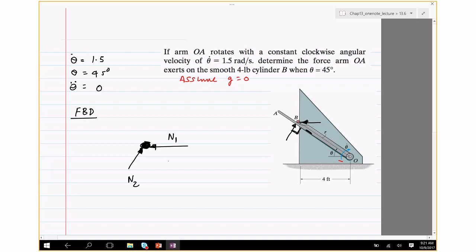So since R is this way, this vector is UR, and since it's turning clockwise, I'm going to assume that this is U theta. So in order to apply equations of motion in this particular coordinate frame, I need to resolve N1 and N2 in the direction of R and direction of theta. So I need to find the angle made by N2 with R and theta, and also N1 with R and theta.